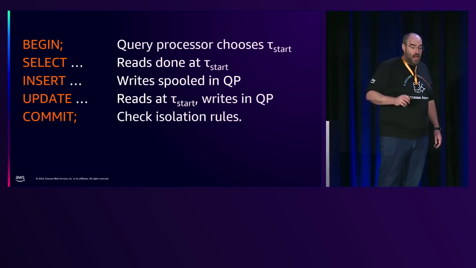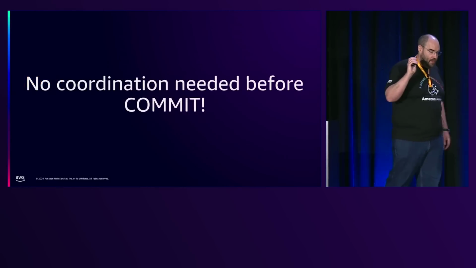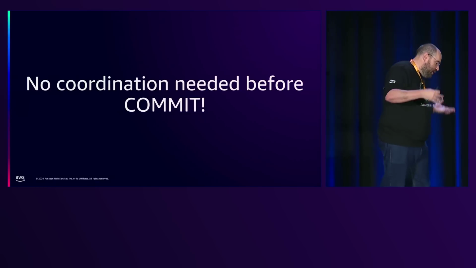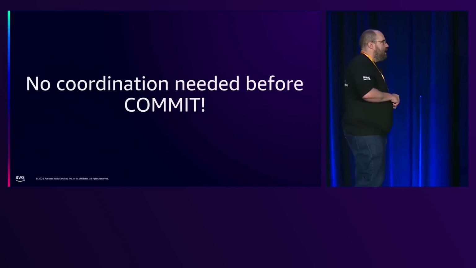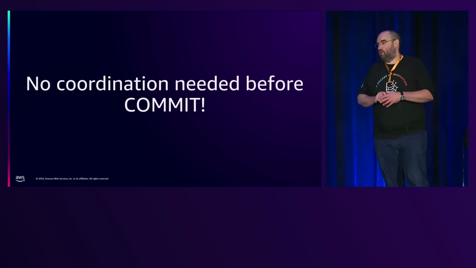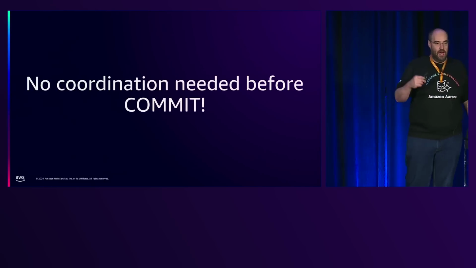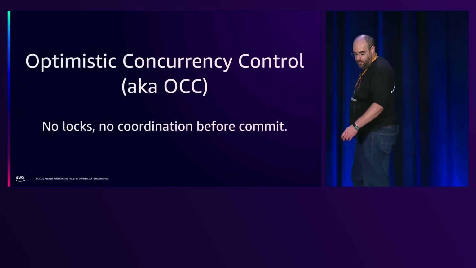And then at commit time, we have to check the isolation rules and see whether we are allowed to commit this transaction. So again, at the risk of being super repetitive, a huge part of the scalability story here is that no coordination is required before commit time. That is a big scalability and latency optimization.